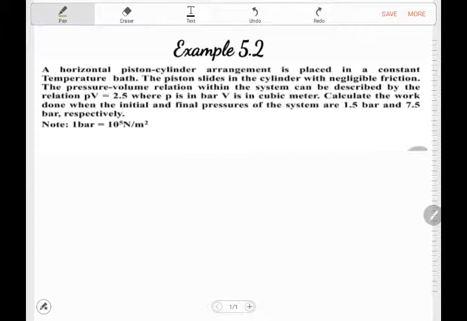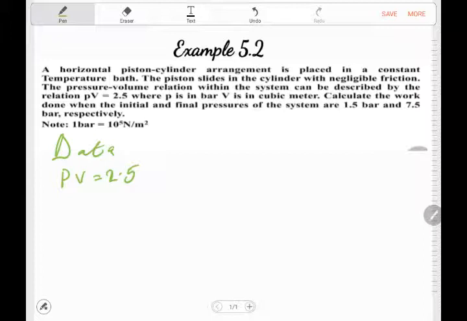The first thing, as I always say, is to bring out your data. We are given that the relationship PV is equal to 2.5. Please take note, with this relation, P is in bar and V is in cubic meter.